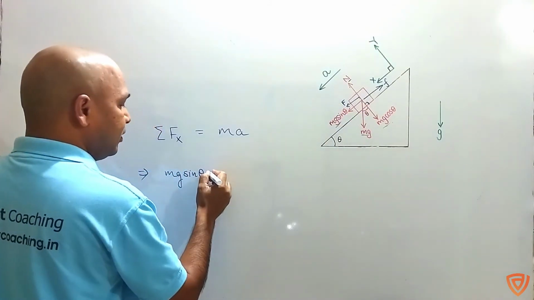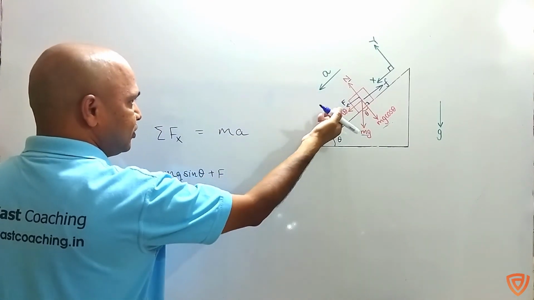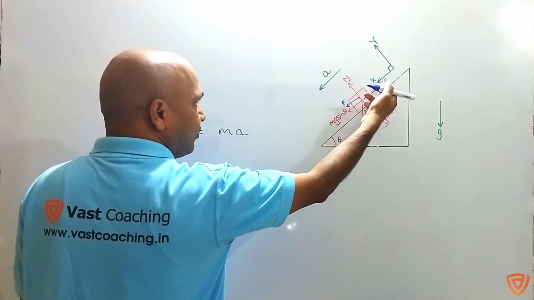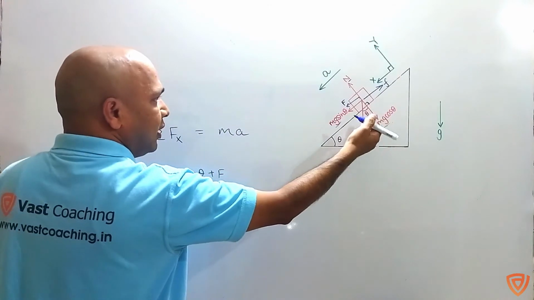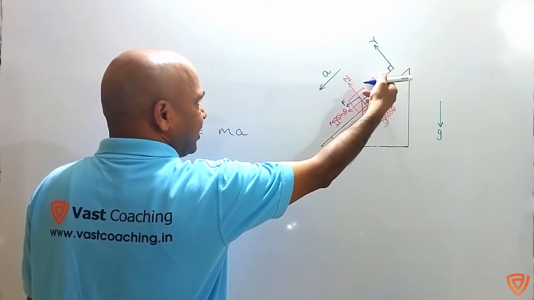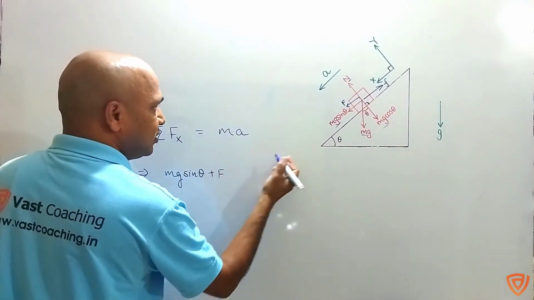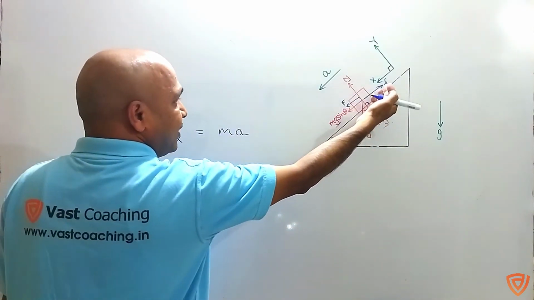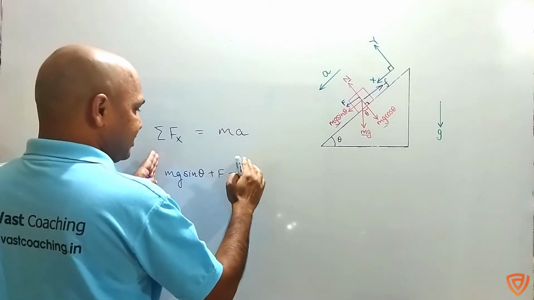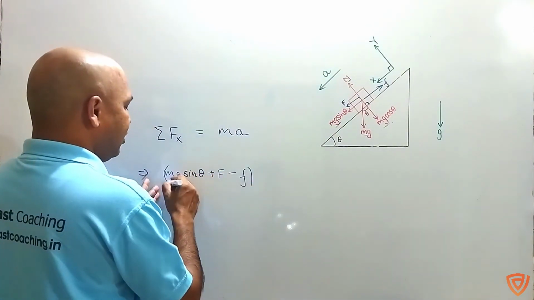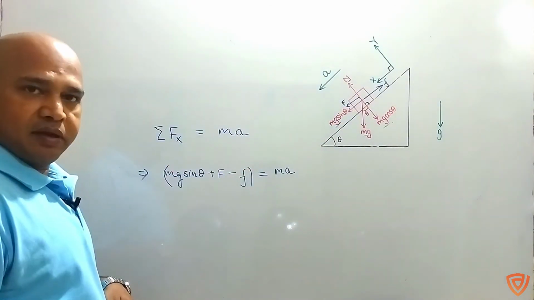The second force is capital F, which is in the x direction, so it will be plus F. And small f, which is the friction force, is opposite to the x direction, so when I take it along x, it will become minus f, right? So this is the net force along the x axis, and this will be equal to ma, correct?